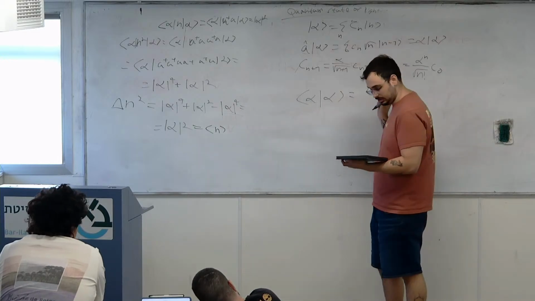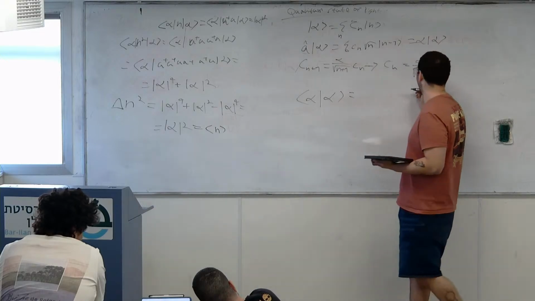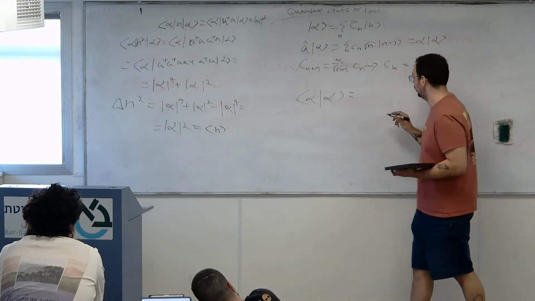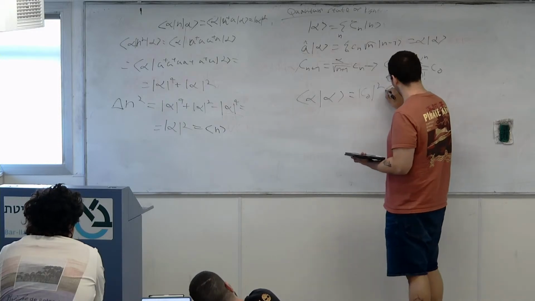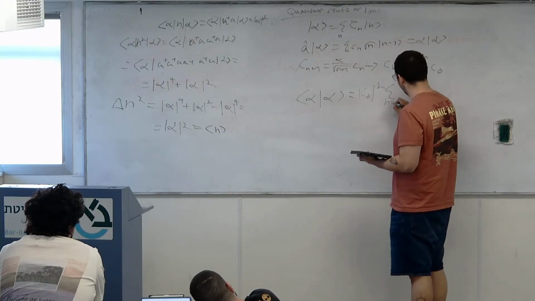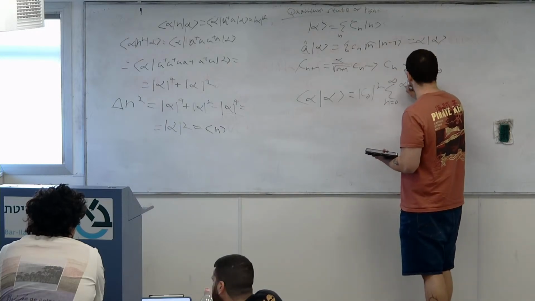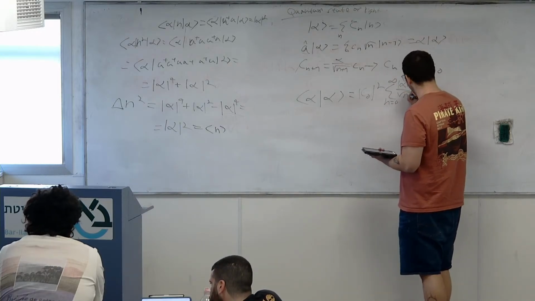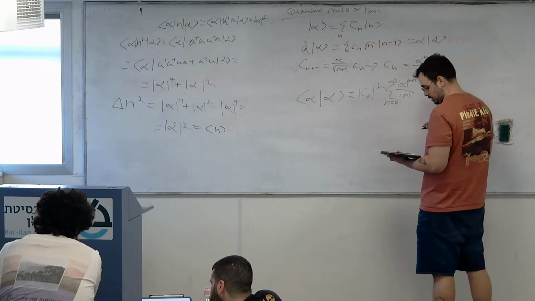So multiplying it with itself and putting this sum in, you have C0 absolute value squared times the sum over n equals 0 to infinity of alpha to the power of 2n divided by n factorial.